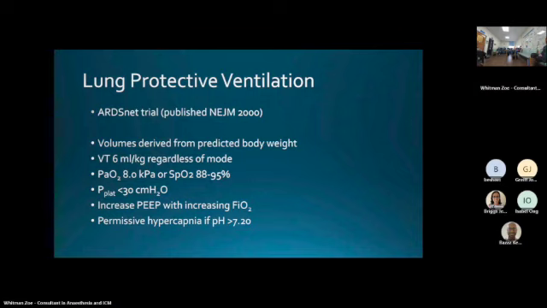But the general rules are that you don't go more than tidal volumes of 6 mils per kilo, whatever mode you do. We'll talk about modes in a minute. And it's based on predicted or ideal body weight, which is based on height, not their actual weight.